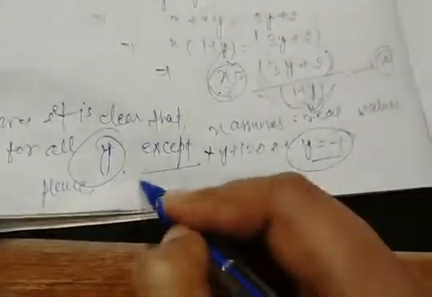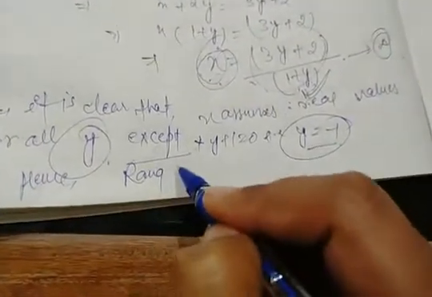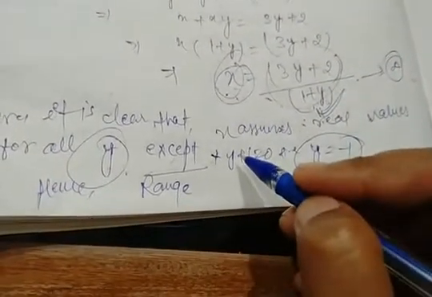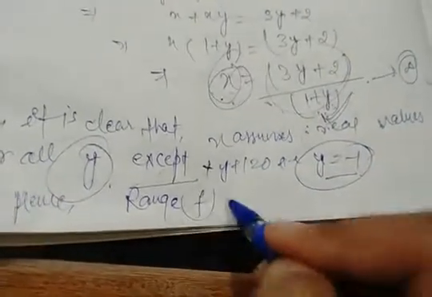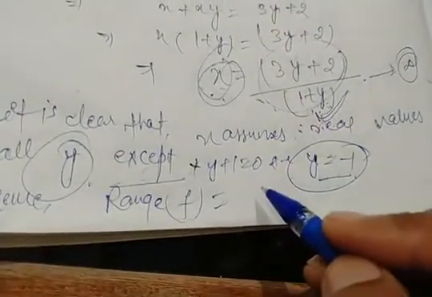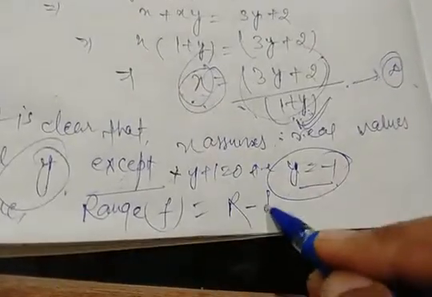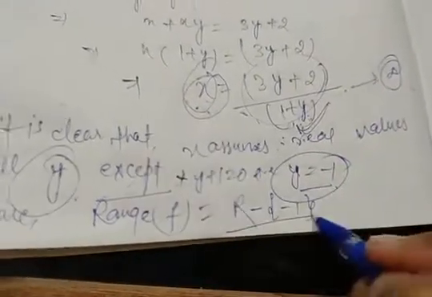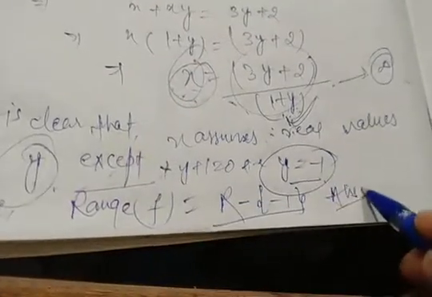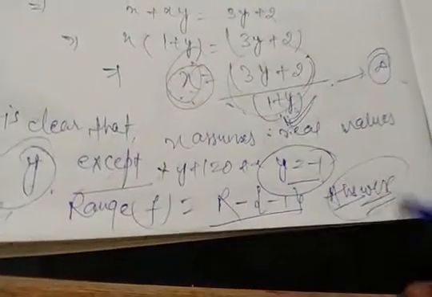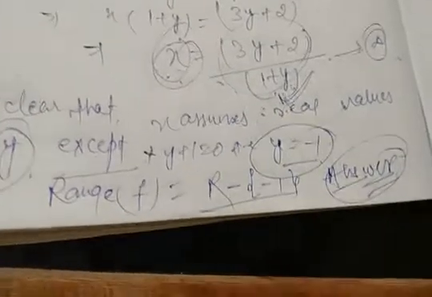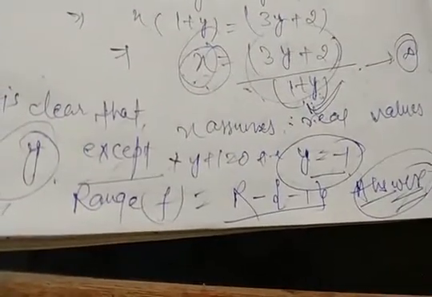So hence the range of the given function is all real values except minus 1. This is your answer.